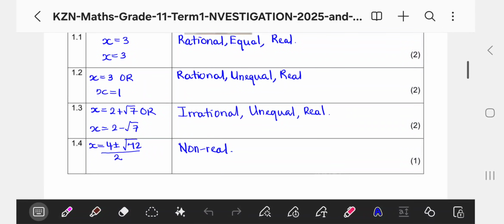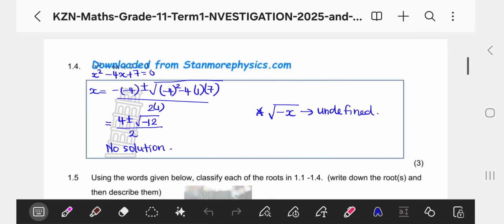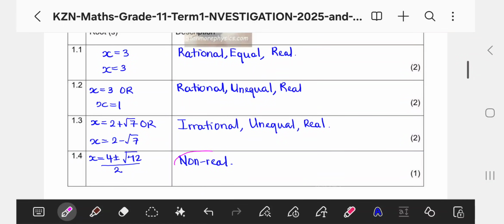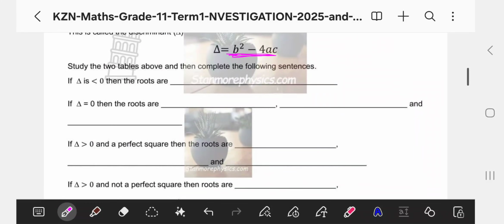We saw in this case where the discriminant was less than 0, we saw that there was no solution, meaning that the roots were non-real. So let's fill that in. The roots are non-real.